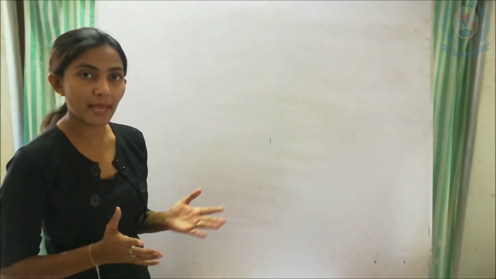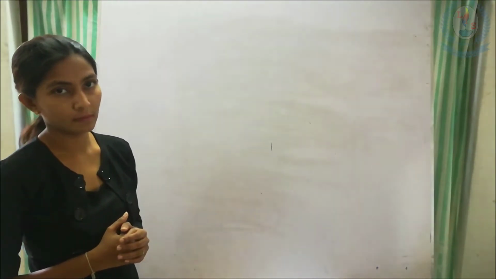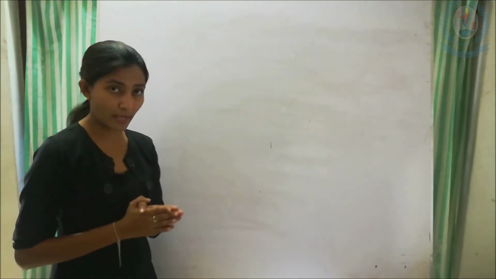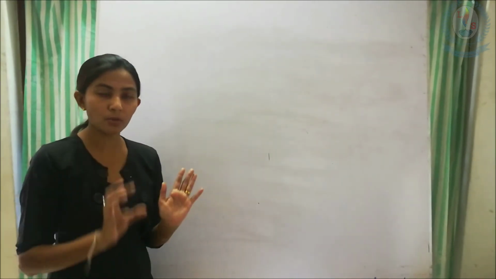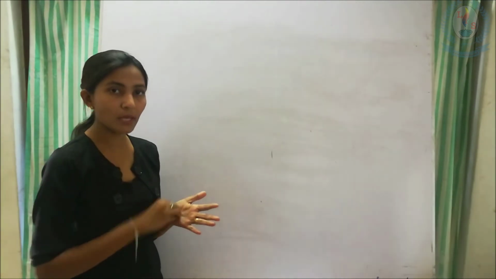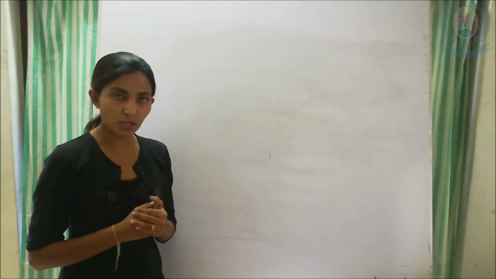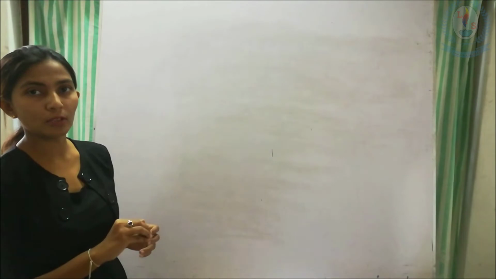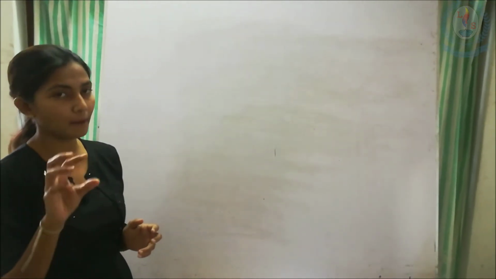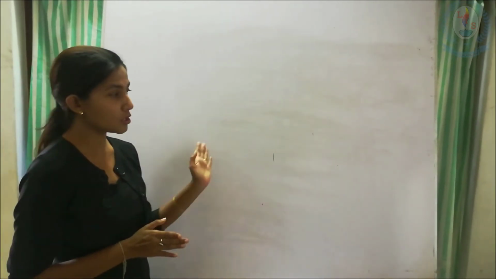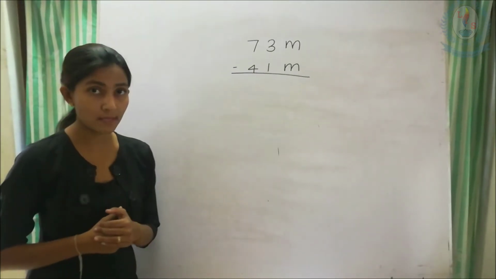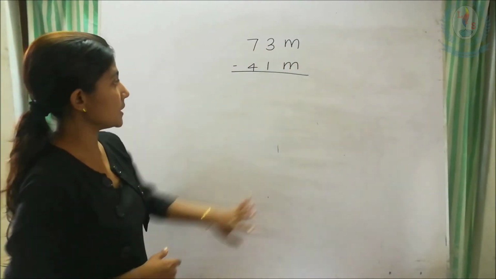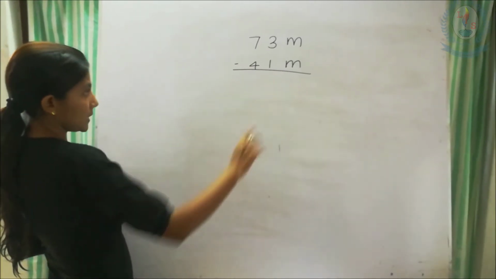Let's learn subtraction of length. To subtract length in meters or centimeters, we don't consider the unit. As you did the addition, first you have to do the normal way subtraction. Then after that, you take the relevant unit sign and put it. Not to worry, just do the normal subtraction. Now we'll practice a question. 73 meters subtract 41 meters.